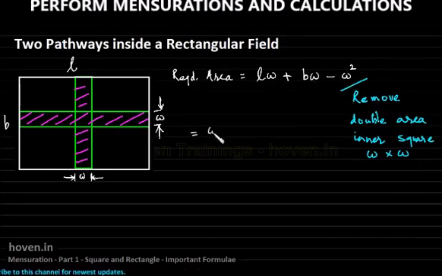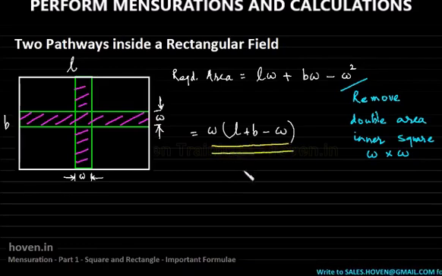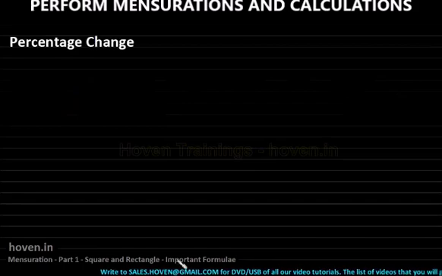So required area will be W into L plus B minus W. So this is the required formula for the area of the pathways inside a rectangular field of length L and breadth B. Let us take up our next property now.